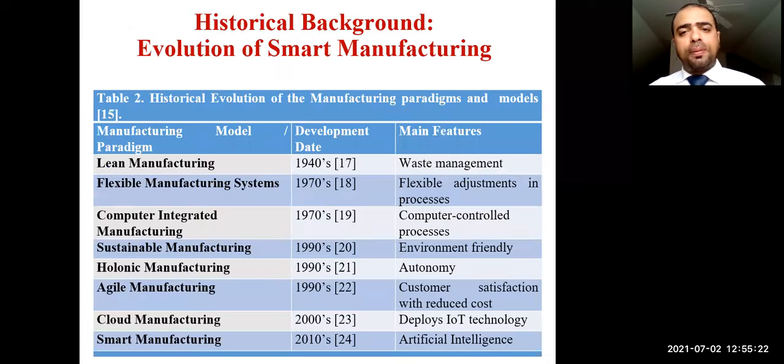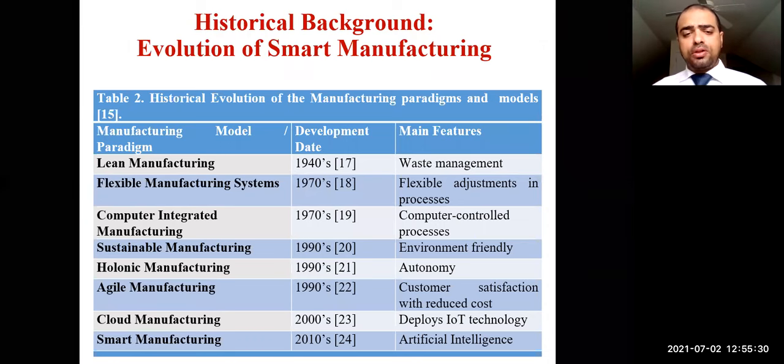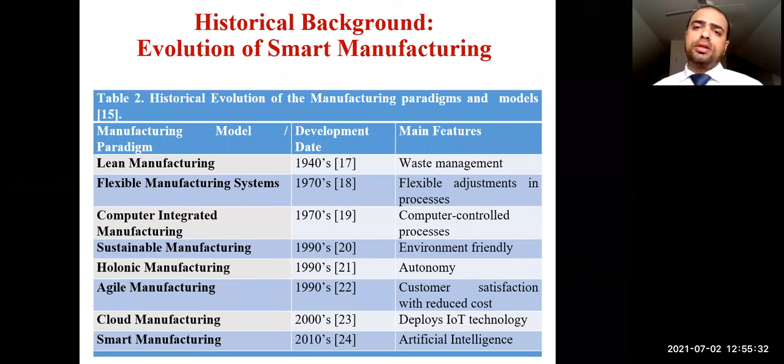So let's look at the evolution of the smart manufacturing paradigm. The first organized manufacturing paradigm was lean manufacturing in the 1940s.